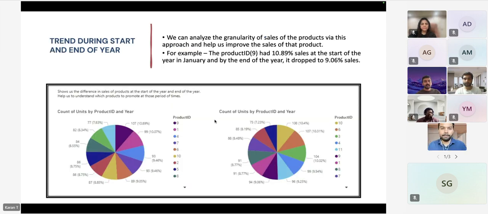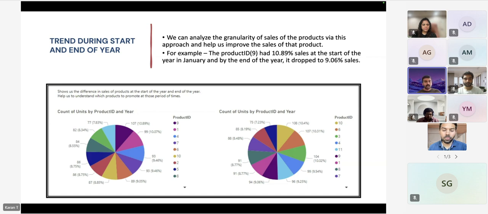Yeah. And this pie chart shows us the difference between the start of a month of a year and the end of the month of a particular year. For example, this is the same year, 2015, and the first pie chart shows us the distribution of the number of units sold in January, and the next pie chart shows the distribution of units sold in December.